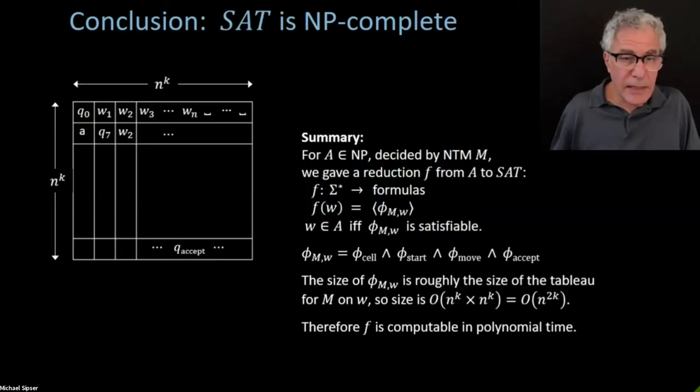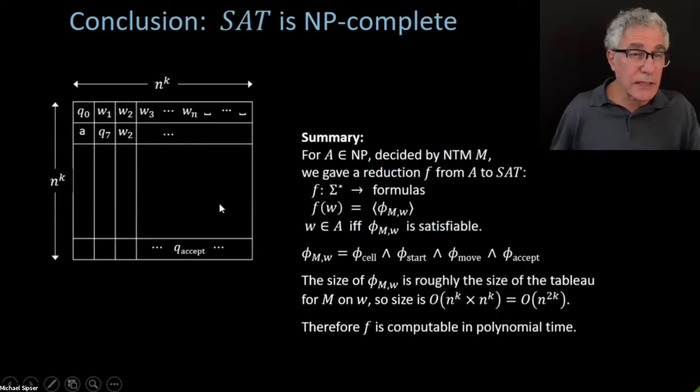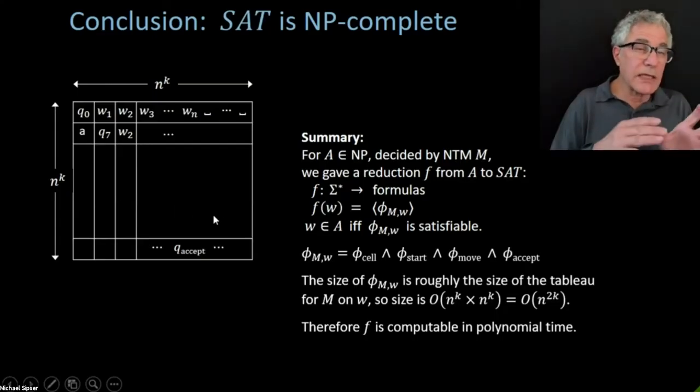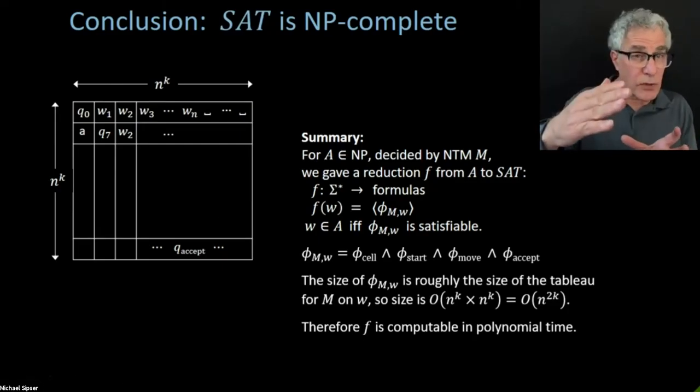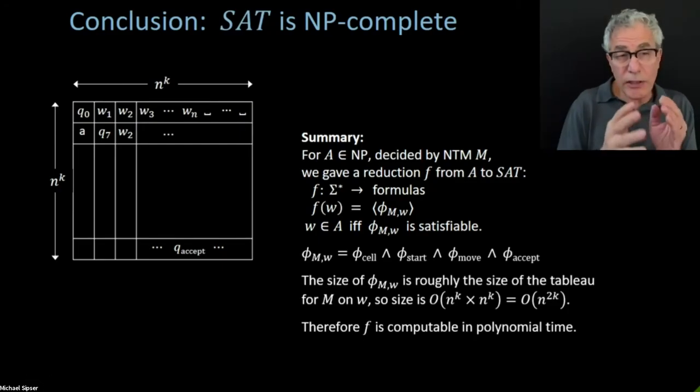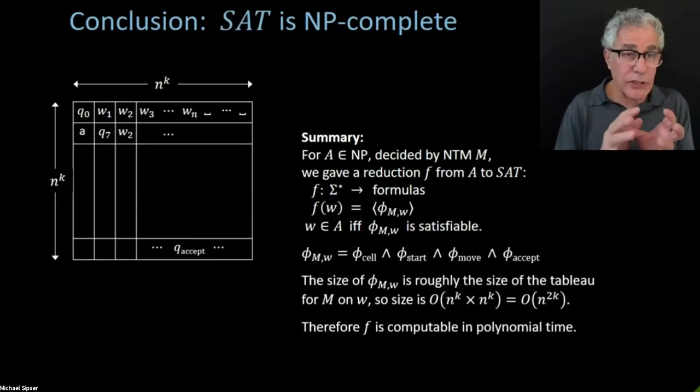I can take a couple of questions. Why can't we just check that the whole row is legal? This is a good question. You can check that a row actually is a configuration, but to check that the row follows from the previous row, ultimately the operation of a Turing machine is a local thing.